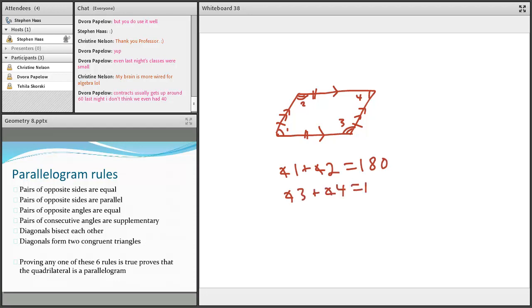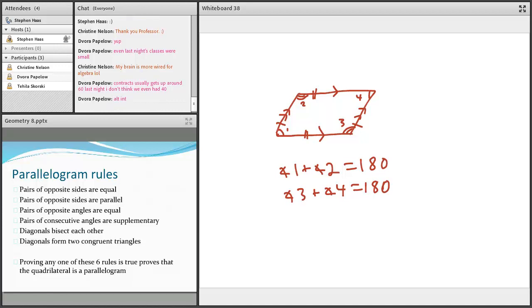Does everybody see why if I have the first one, then I automatically have the second one? If 1 plus 2 equals 180, then by definition 3 plus 4 has to equal 180. The reason is that all four angles of a quadrilateral add up to 360. So if 1 plus 2 equal 180, then 3 plus 4 have to equal 180.